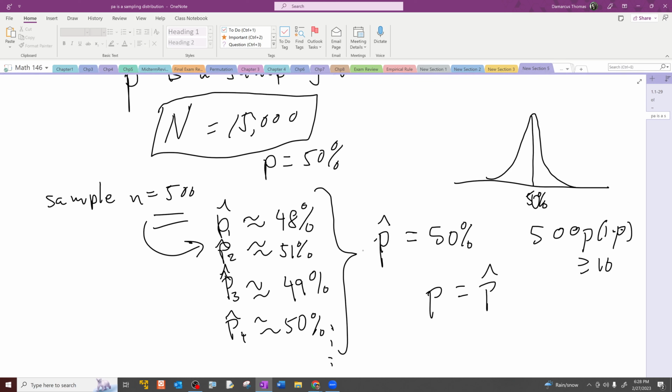Okay, so 50% of 500 is 250. And then another 50%, because 1 minus p is another 50%, so that's going to chop it down. Half of this, 125. And you know what? That is much bigger than 10.